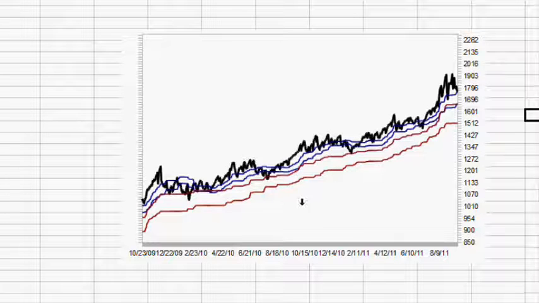Okay, again, since October the 23rd, and even well before then, basically since the market got going again, it has found support here once, lifted off higher, came back again to this line, lifted off higher, came back down again, then lifted off higher. So what's the pattern here? The pattern is that there's a good chance it's going to come down to that level, because it's a matter of when.